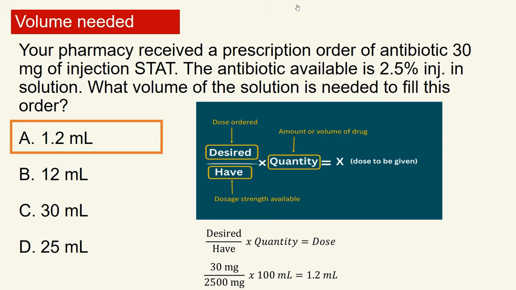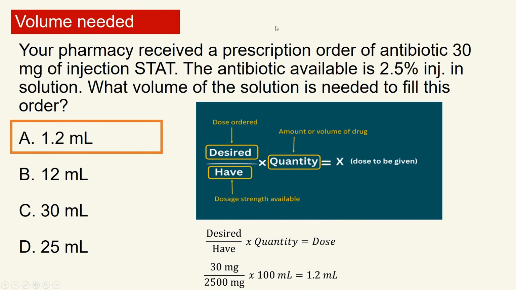So if you calculate that, 30 by 50, so 20 is gone, the milligrams cancel, and you have 1.2 mL. So you are required to take 1.2 mL of 2.5% injection to get 30 milligrams of the antibiotic.